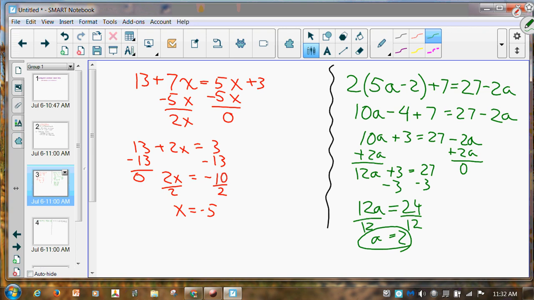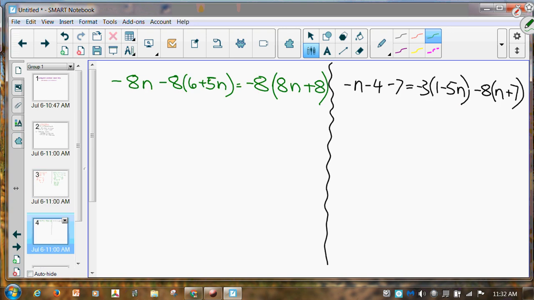So let's move on. As we go along, we're going to get just a little bit more complicated each time. I have to try to be a little neater, perhaps. So we have minus 8n minus 8 times, in parentheses, 6 plus 5n equals minus 8 times, in parentheses, 8n plus 8. This is a good example.